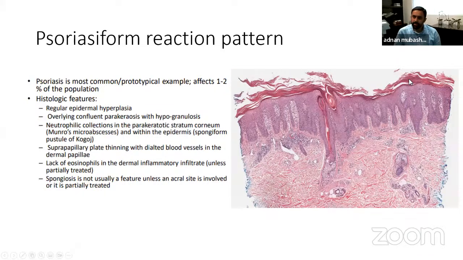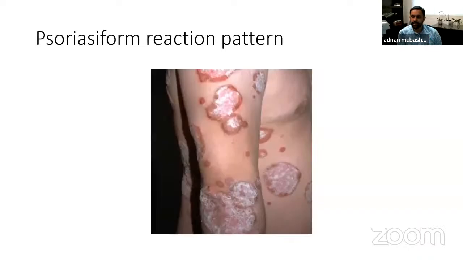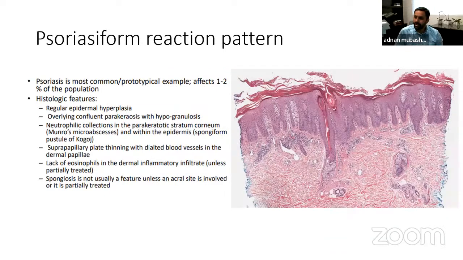You will see parakeratosis on the top, and you can correlate that with the clinical side. Clinically, you see that scale on top of the lesion, and that scale is evident as parakeratosis over here. And within the parakeratosis, you will see neutrophils.